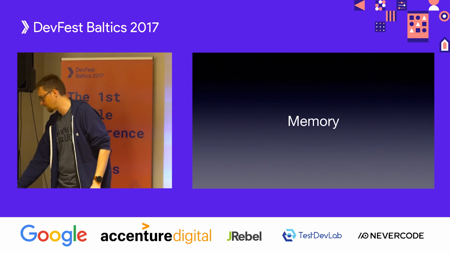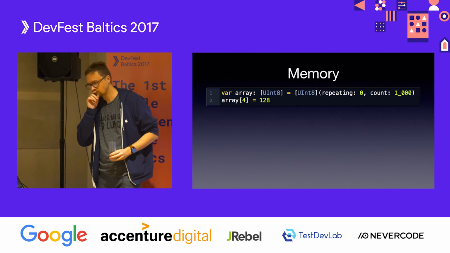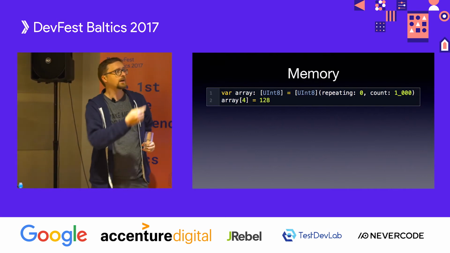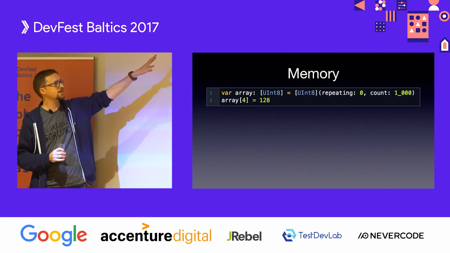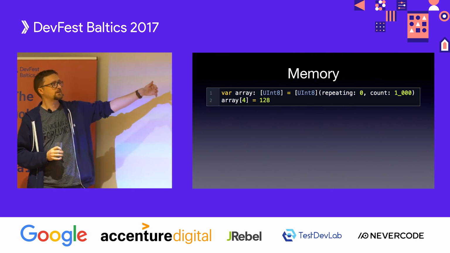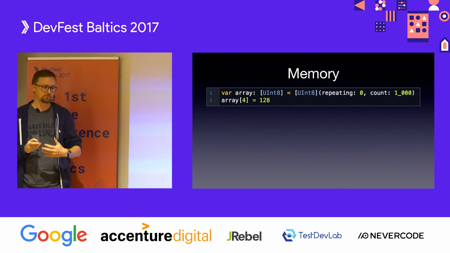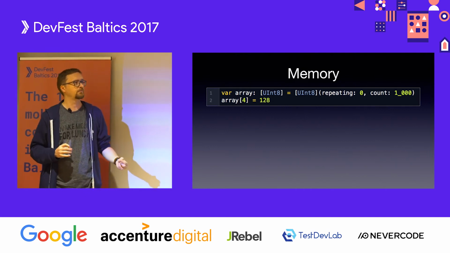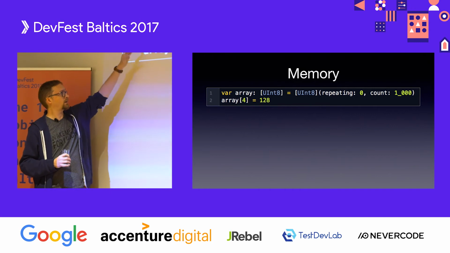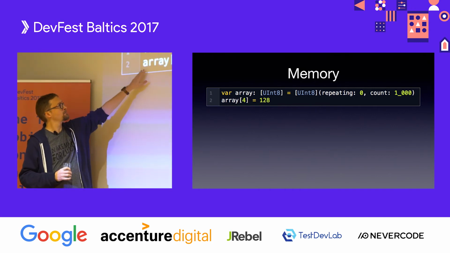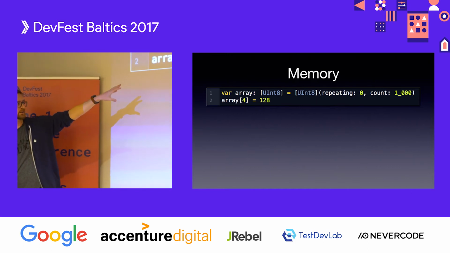Now let's talk about memory. I use this, this is an array of bytes. UInt8, it's a byte. This is how I build a chunk of memory. So I have an array of some memory, and I change the fifth element to 128, right?